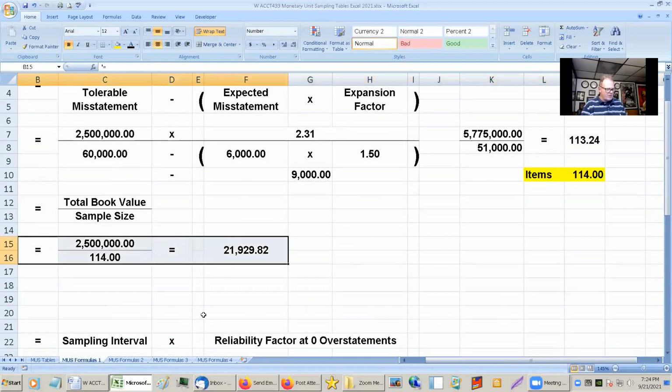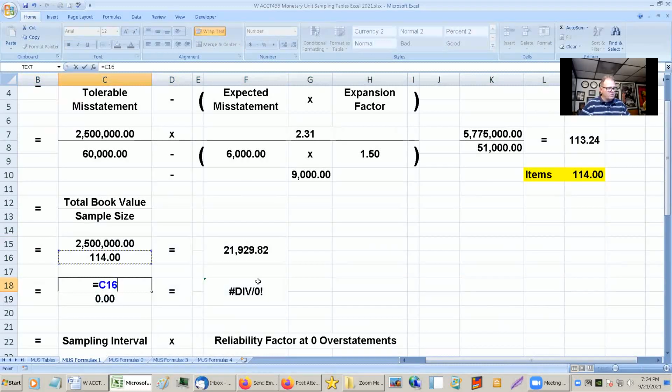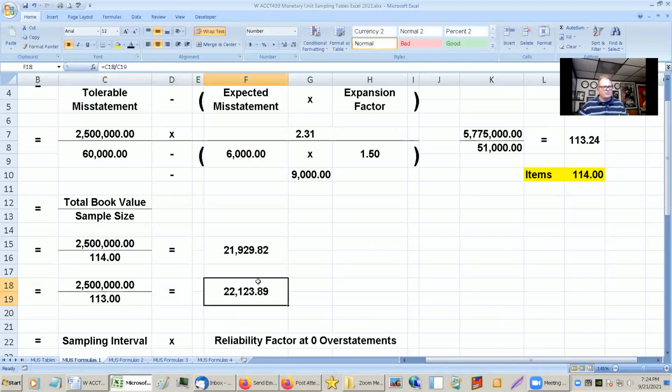If you did it with 113, that's absolutely fine, and that is the way they show you to do it. So it'll be pretty close. On a test, I would take either one of those. The real formula is you round it to the nearest whole number. I would probably round it up just to be safe.